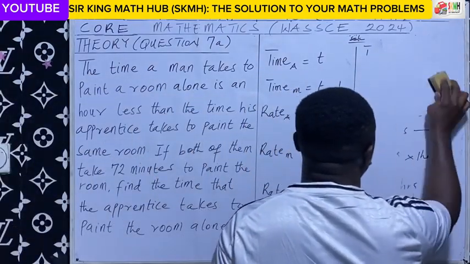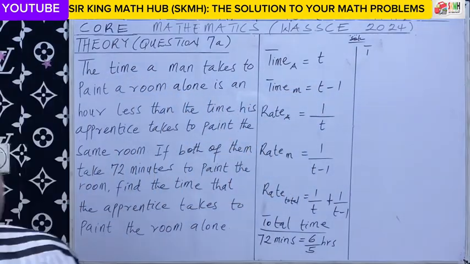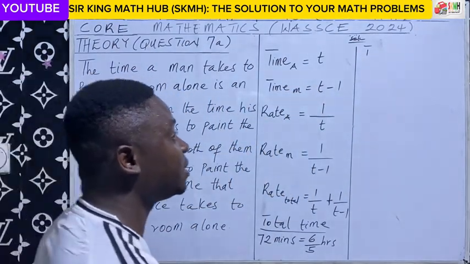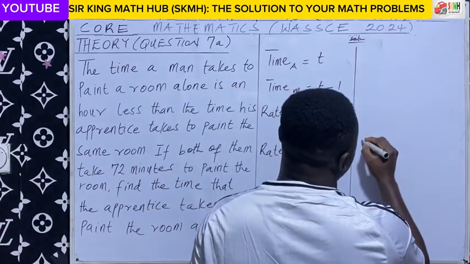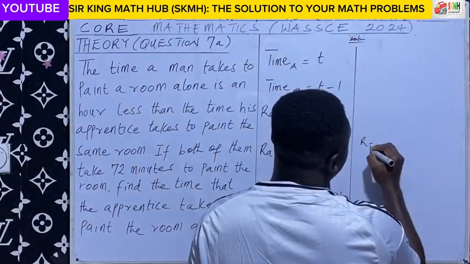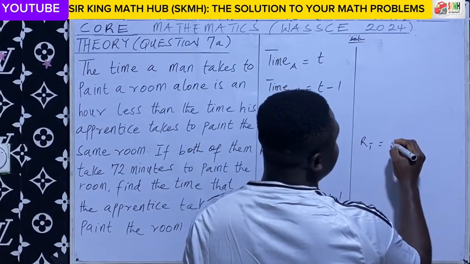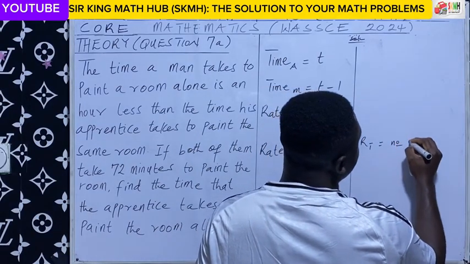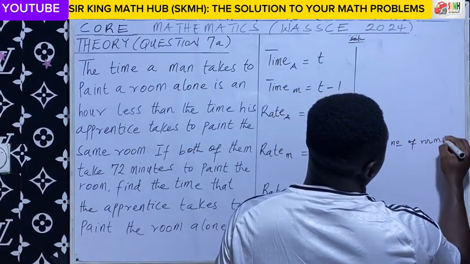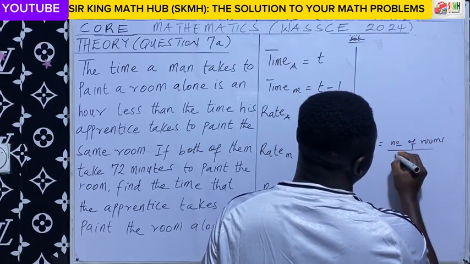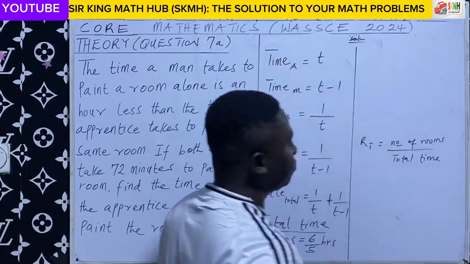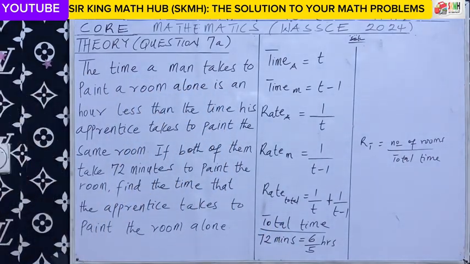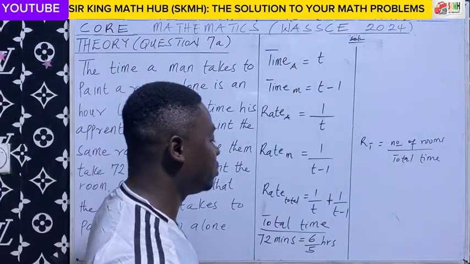So now, how do we create a formula for their total rate? We know that their total rate here will be the number of rooms divided by their total time. So with this formula, we can set up our equation.